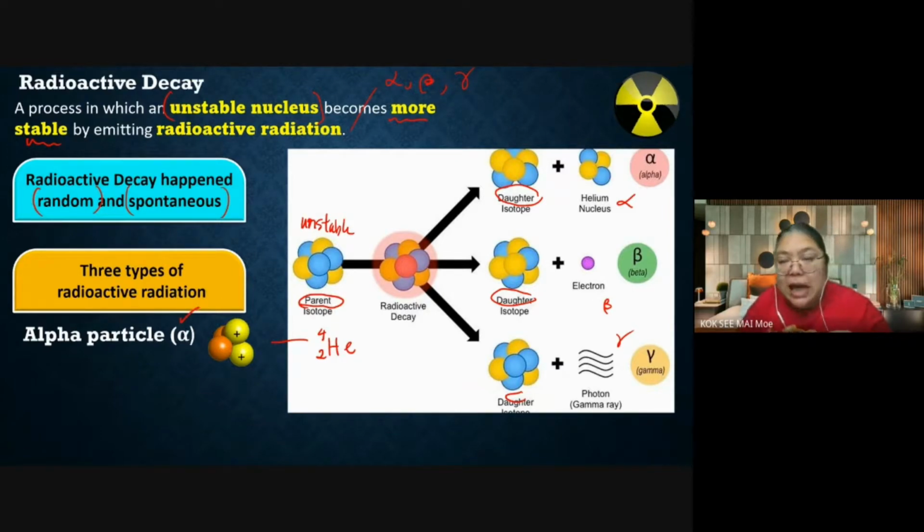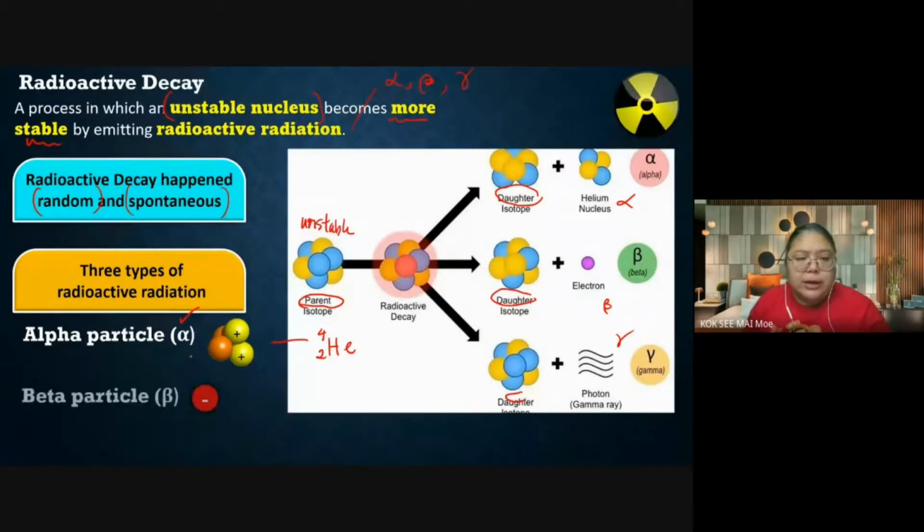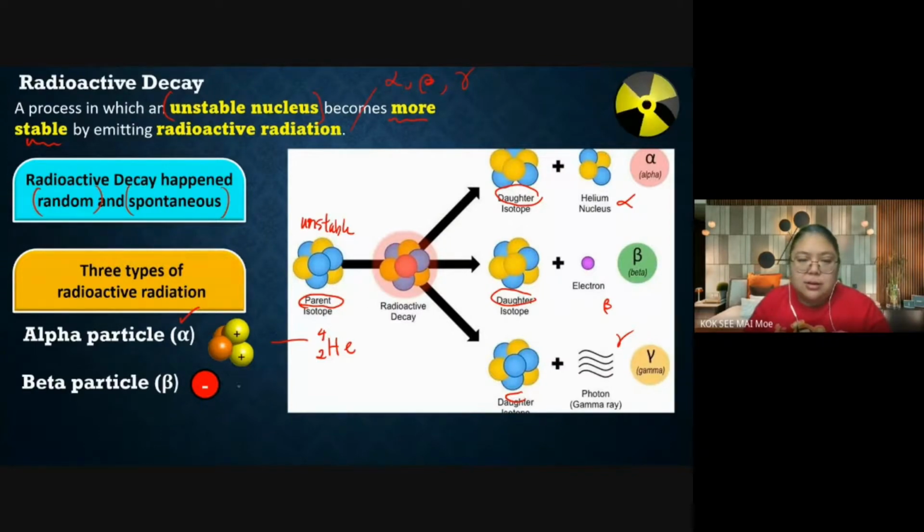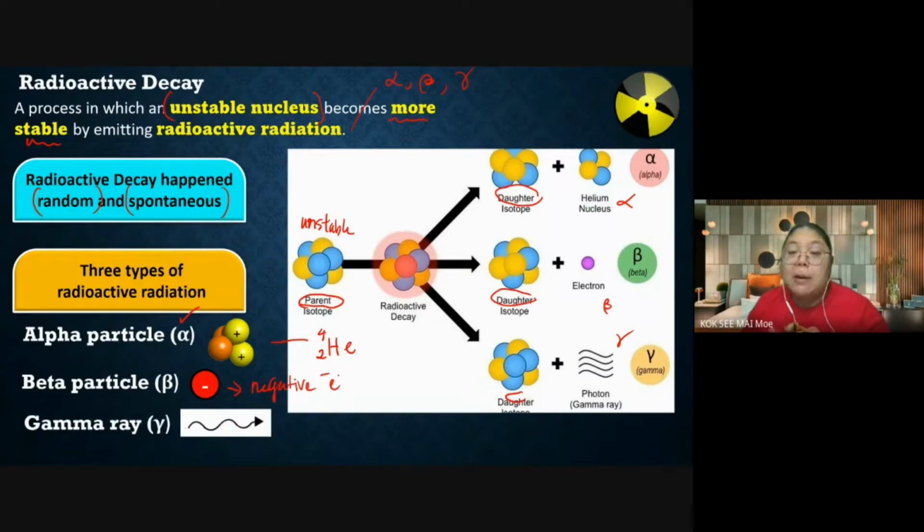Number two is beta. Beta actually is an electron, a negative electron, and this is the symbol for beta. And the last one is gamma, the gamma ray. You know the gamma ray, in Form 4 we learned about waves. This is the gamma ray. So these are the three radioactive radiations that are produced after radioactive decay.